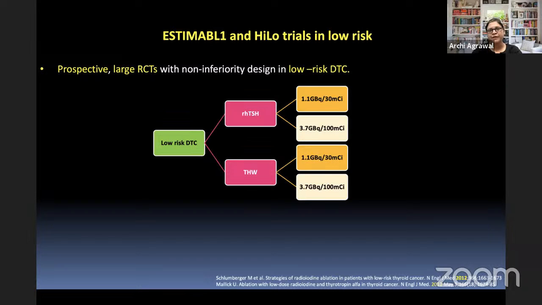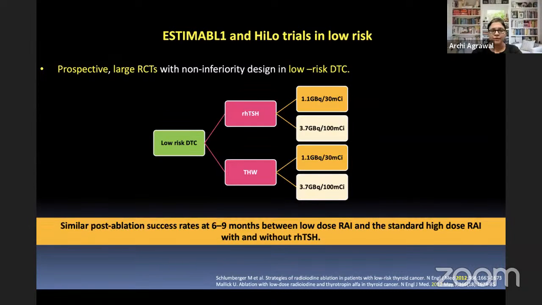And the way they prepared the patient was either with thyroid hormone withdrawal or with recombinant TSH. So what they saw in this study was that the post-ablation success rates at 6 to 9 months were similar in both the groups. So whether the patient was treated with 30 millicuries or 100 millicuries, the ablation success rates were similar.